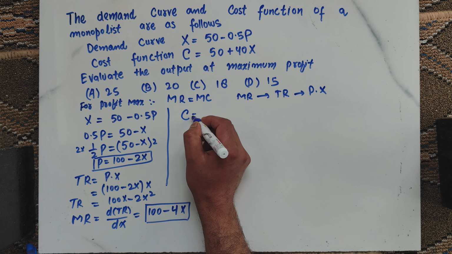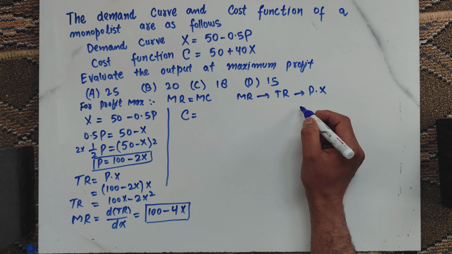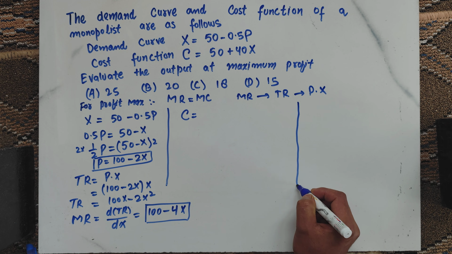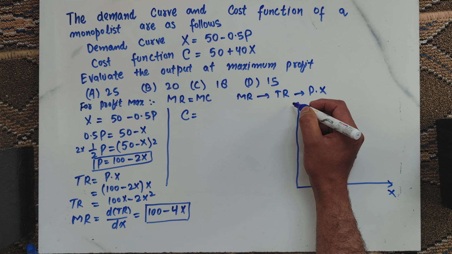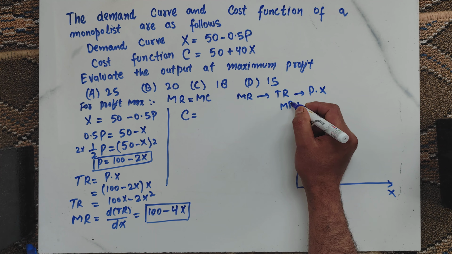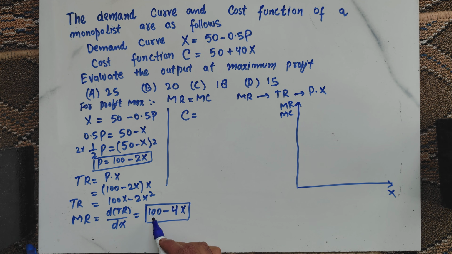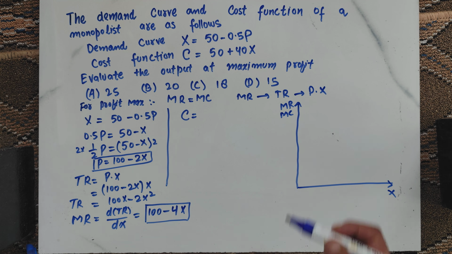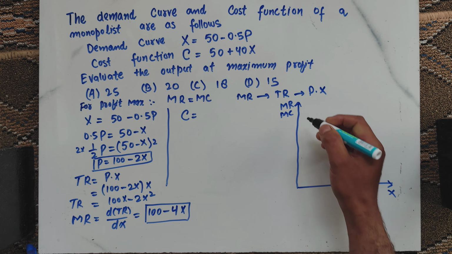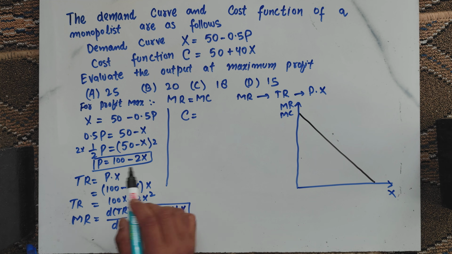Now, if I draw the marginal revenue function to explain things graphically, we have output on the horizontal axis, and marginal revenue and marginal cost on the vertical axis. First we have this inverse demand function, and if I draw it here, you can see this is our demand function with the intercept of 100.